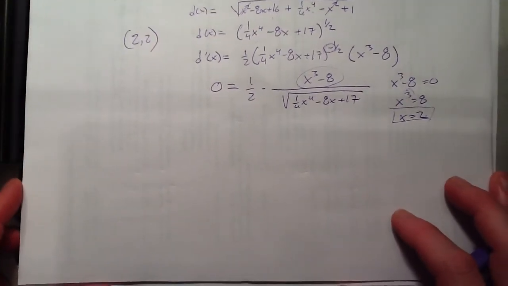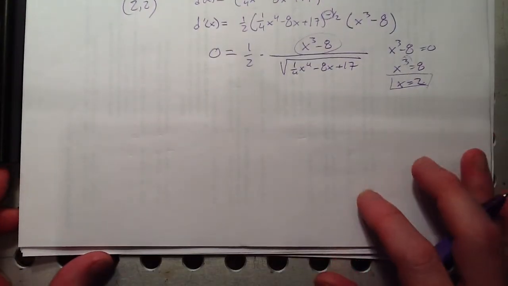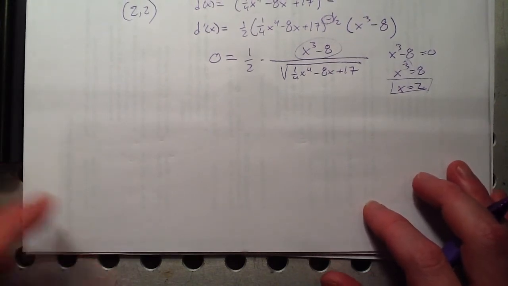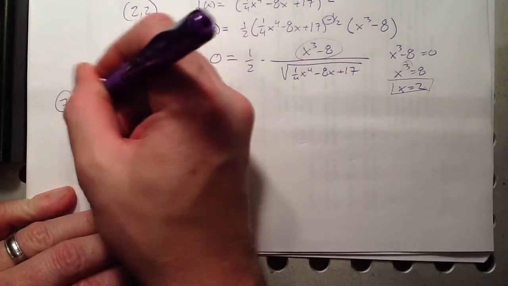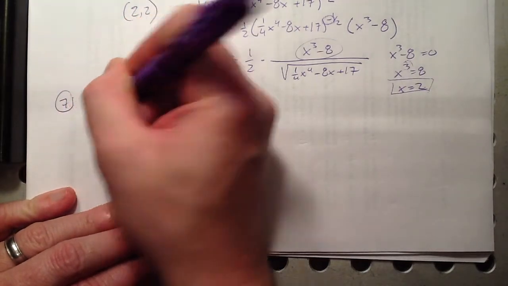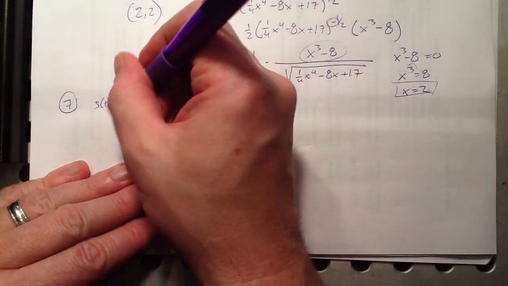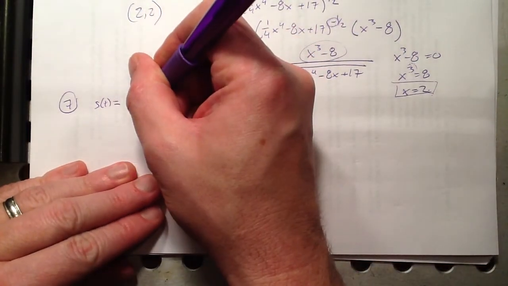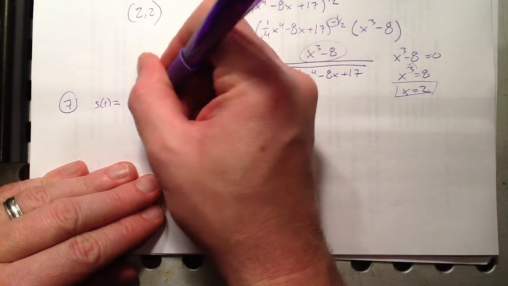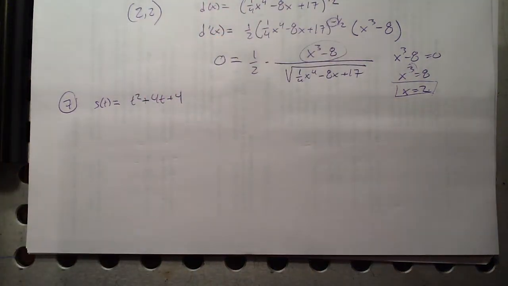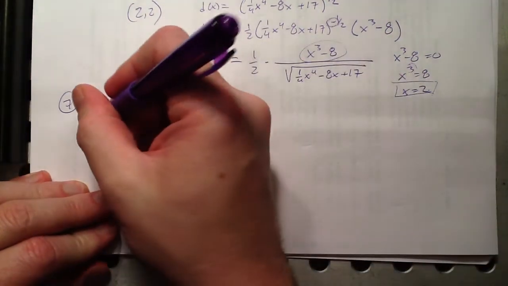Number 7, we've got position of a particle moving along a straight line at any time t is given by this position function. I use the s this time for position. We've seen that before. No bother. Plus 4t plus 4. And they want to know what's the acceleration of the particle when t equals 4.